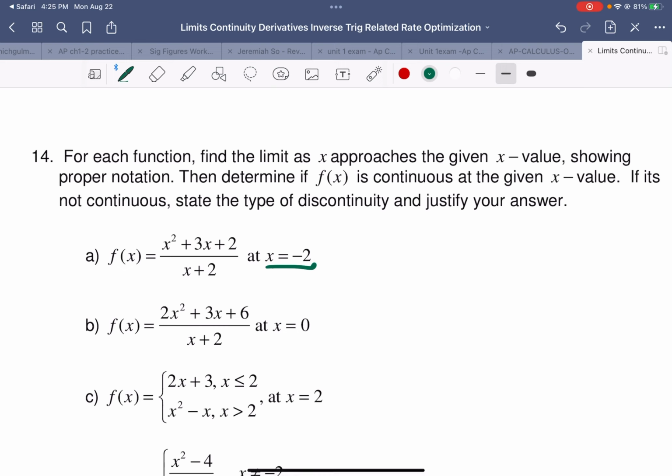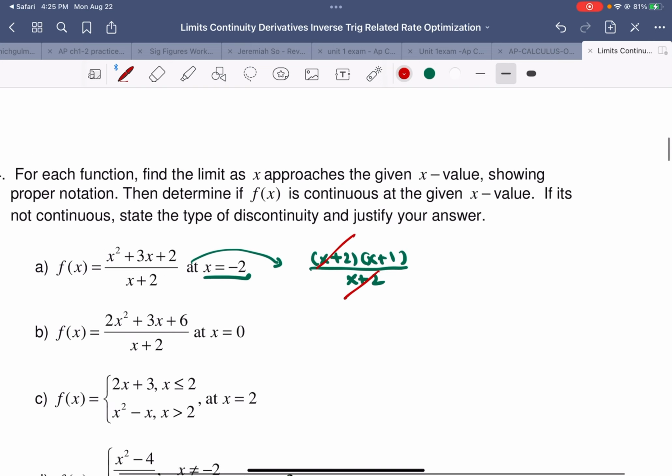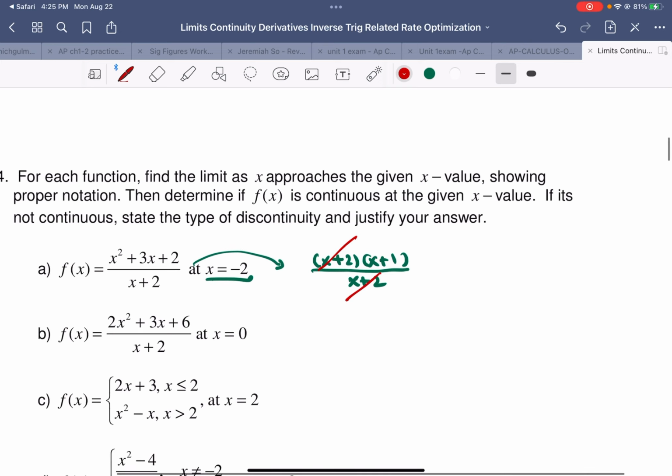First step, always factor out as much as you can. So (x plus 2)(x plus 1) over (x plus 2). And then you see that you have the same factor here. That means that's a hole. So for this one you can say there's a hole, and then it's not continuous, right?